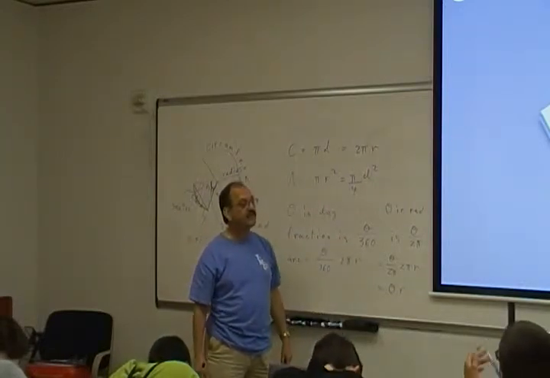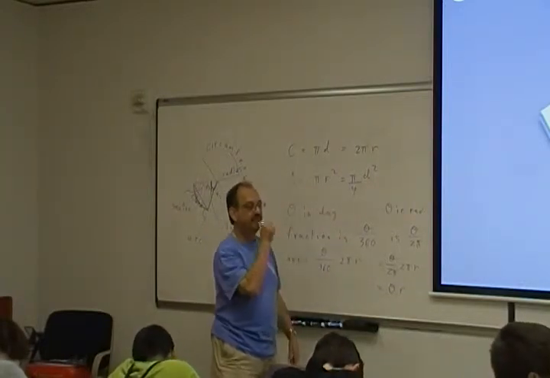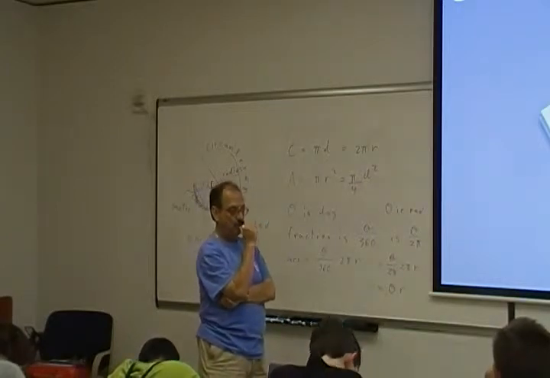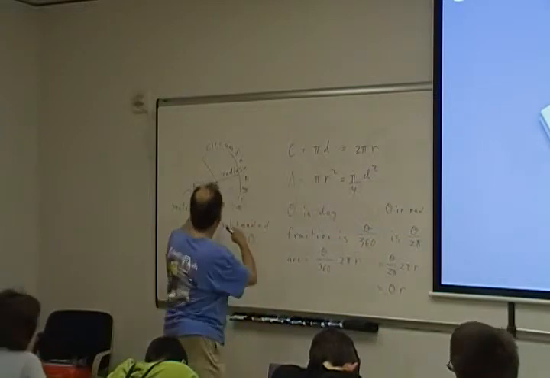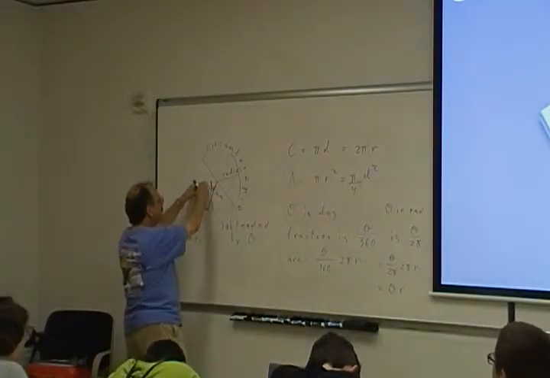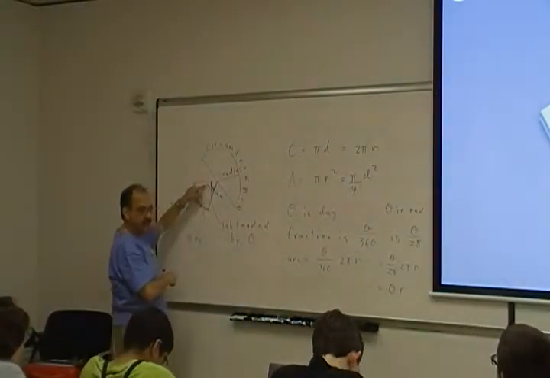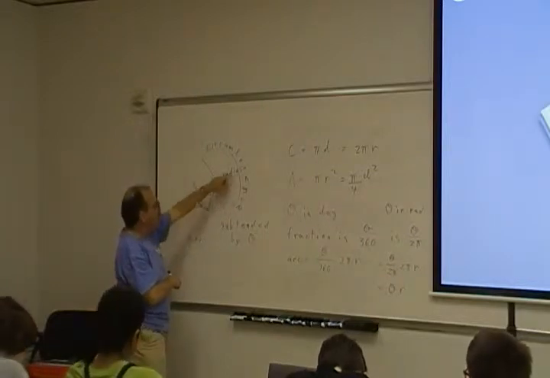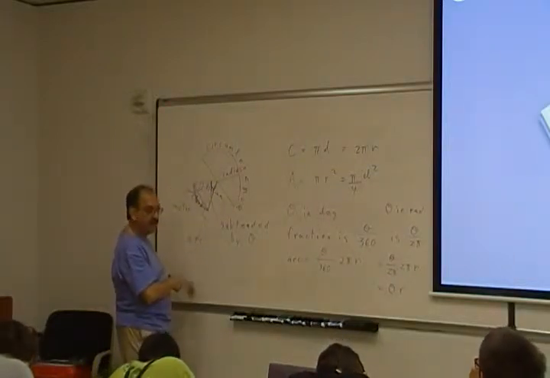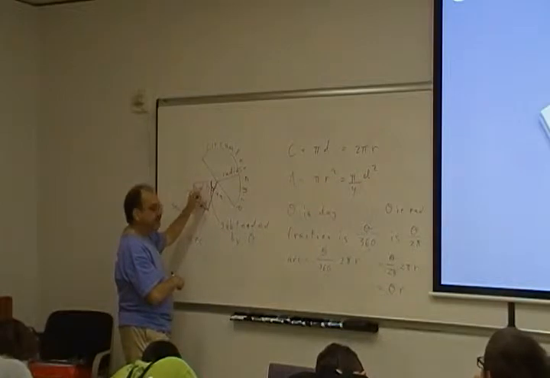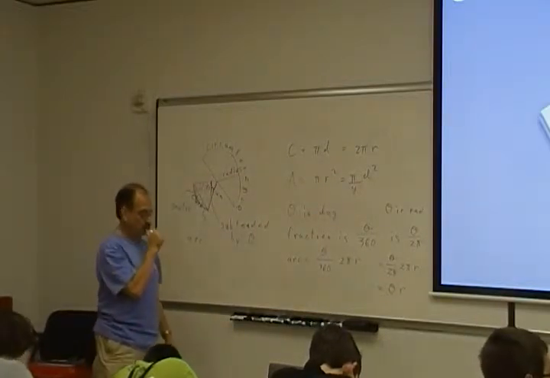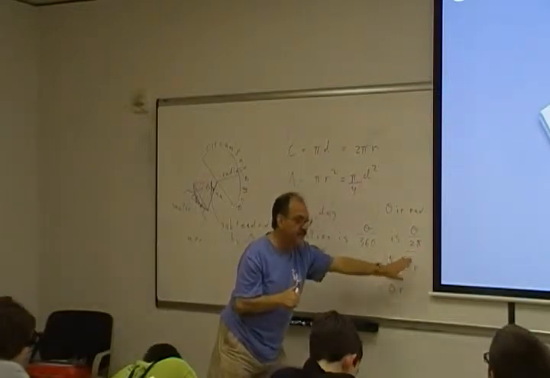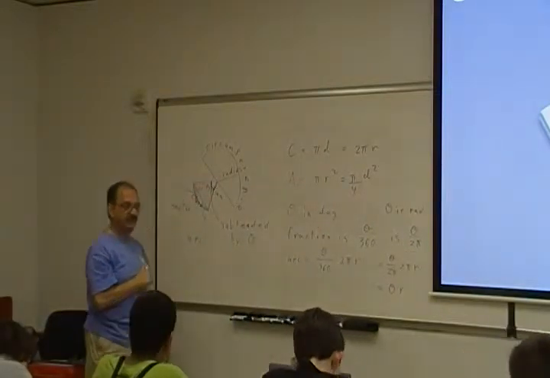So why is it theta over 2 pi? 2 pi is the angle going all the way around. Theta in radians is this much. So this much over 2 pi to go all the way around is the fraction of the circle that's in this angle. So 360 degrees equals 2 pi radians.